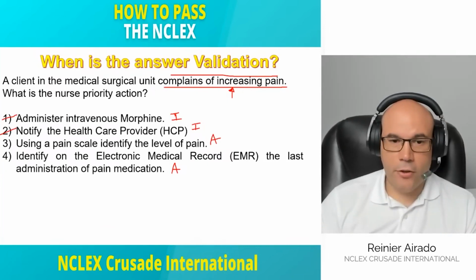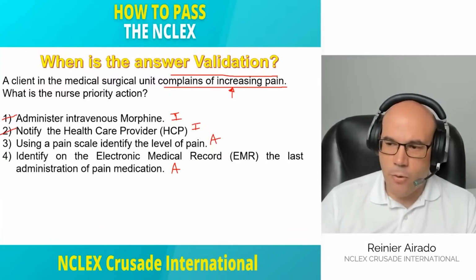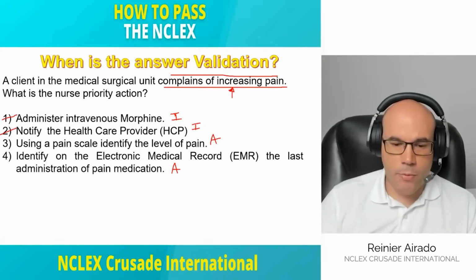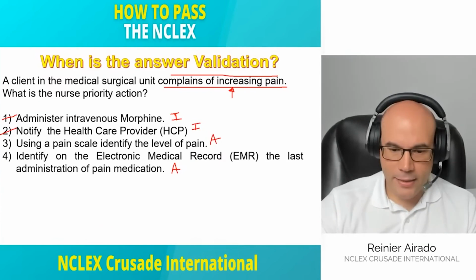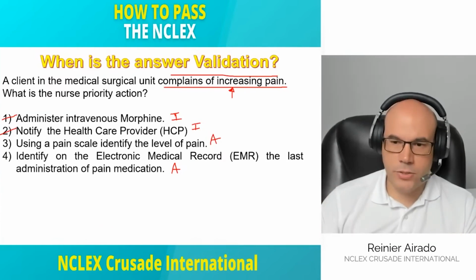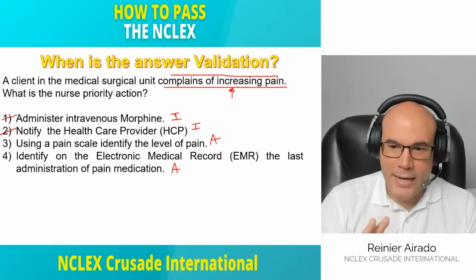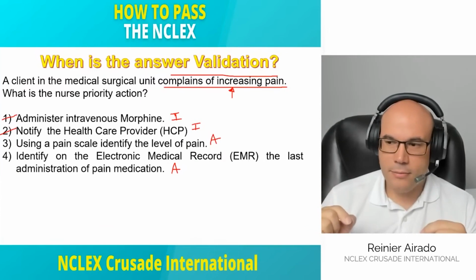That's called critical thinking. So what makes answer number 3 a better answer than answer number 4? Let's go in depth in these two answers, because the ability to pass the NCLEX or not lies here.